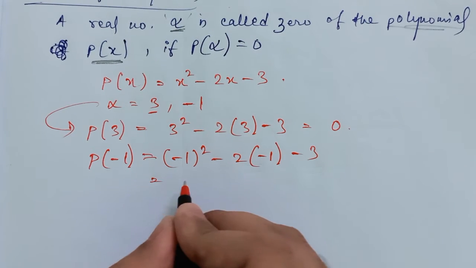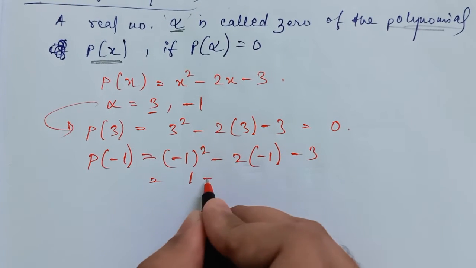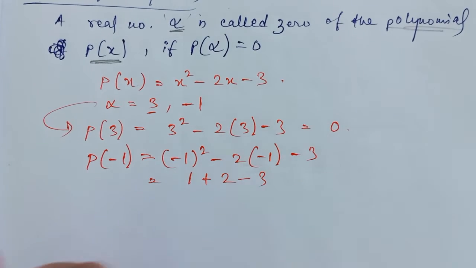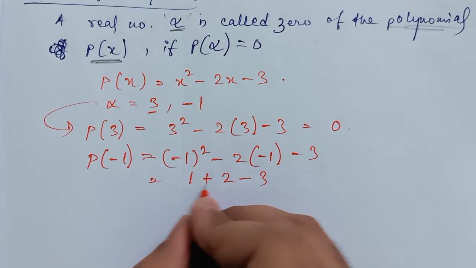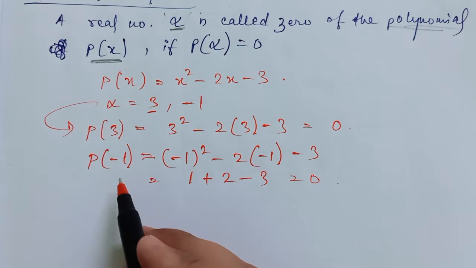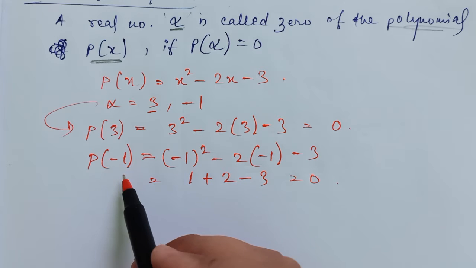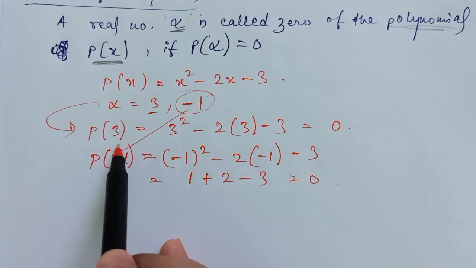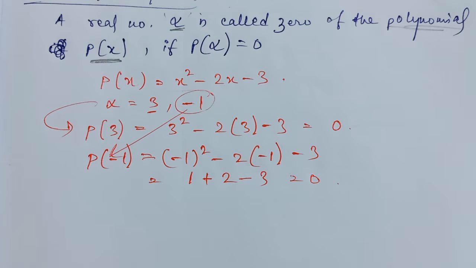Solving it, 1 plus 2 is 3, minus 3, that is 0. So you can see that if you put x equals minus 1, the value is 0. So we can say that minus 1 is a zero of this polynomial p(x). I hope the concept of zero is clear.